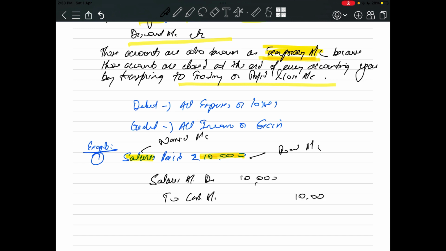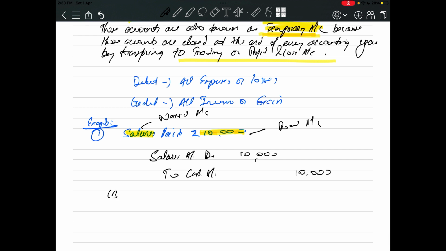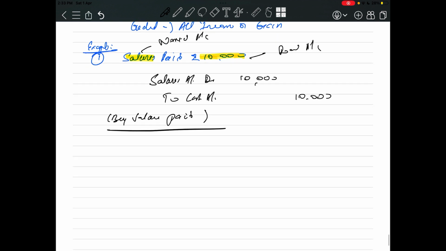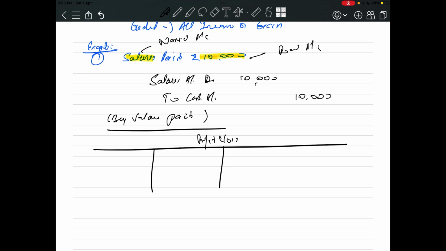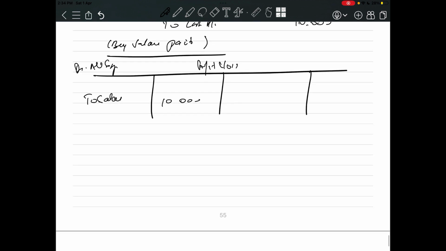Simple. Being salaries paid. Okay, simple. Now when you prepare a profit and loss account, this salary goes here to salaries account. This is an expense for you, debit all expenses.